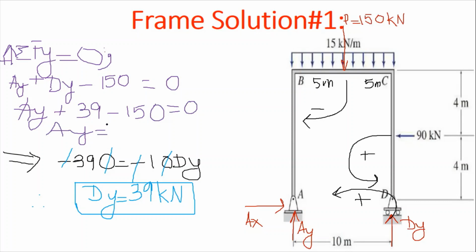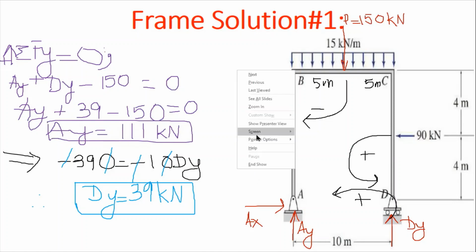It is coming out 111 positive because it is negative towards there. So it is 111 kilonewton. So we get AY, and now what we have to find out? We have to find out AX, and you can see when we sum up horizontal forces, we will get AX equals to 90 kilonewton because there are only two horizontal forces here.